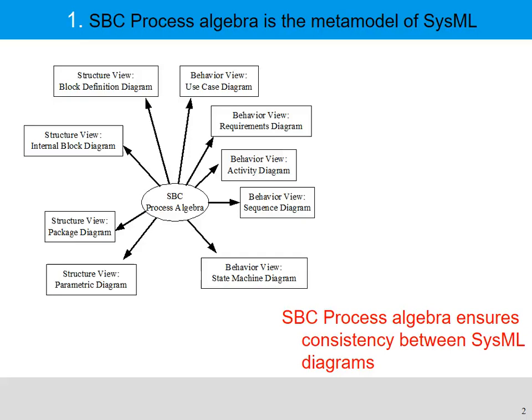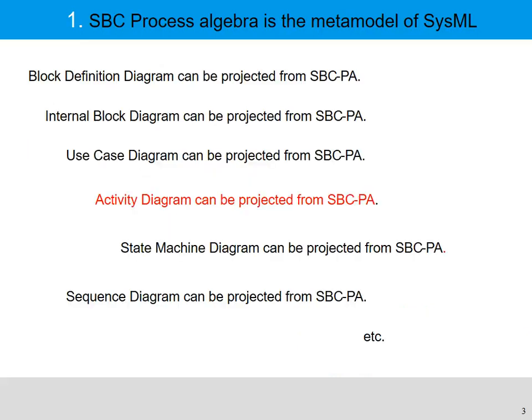SysML uses 9 diagrams to describe a system's model. However, they are inconsistent between them. Therefore, we need SBC process algebra to ensure consistency between these different diagrams.